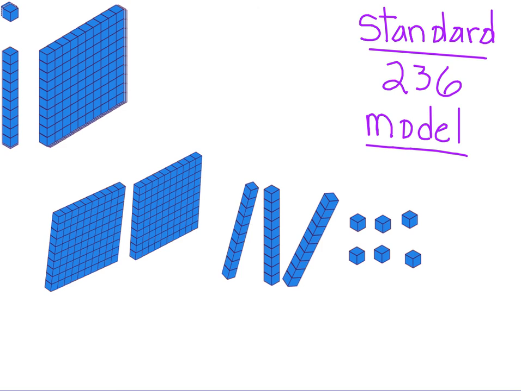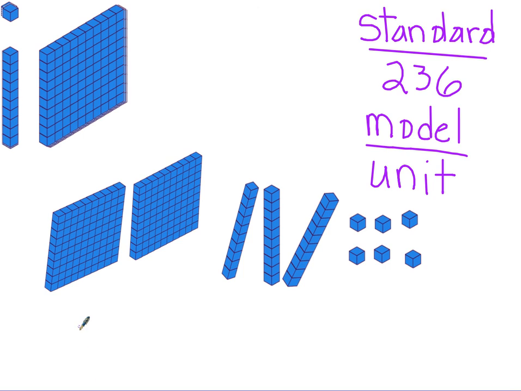From this point, we'll ask the kids to tell us what they have in their model. And that starts bringing us to the idea of unit form. In unit form, the students are telling us how many of each unit they happen to have.